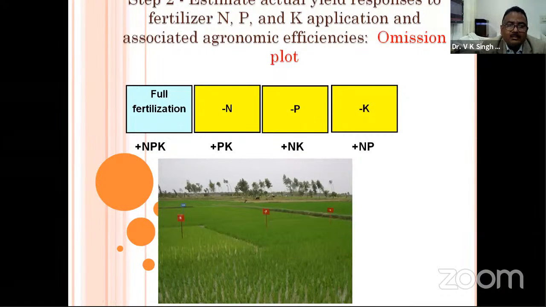But this is one of the means by which you can assess the indigenous nutrient supplying capacity. In a particular location, you can put these 4 small strip plots, 5x2 or 5x4 plot, you just select. In one plot you put all NPK, the recommended NPK.